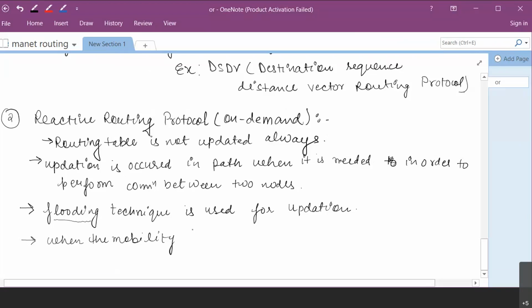So when the mobility is high, then it is recommended. What are the examples? Examples under this protocol are DSR and another one is AODV, that we will discuss in the coming lectures.